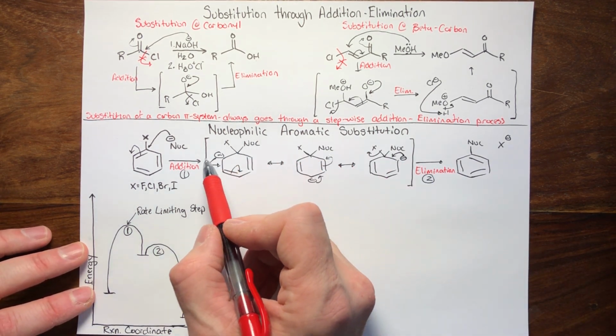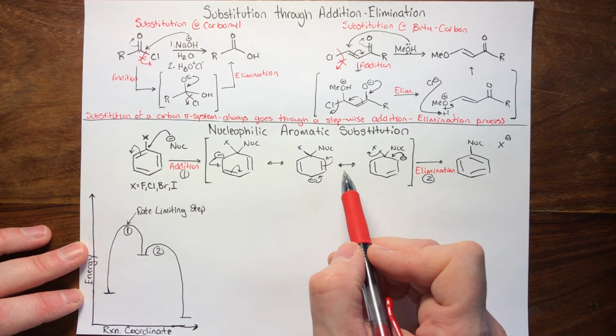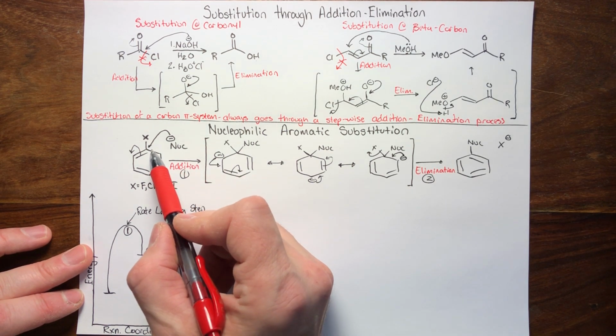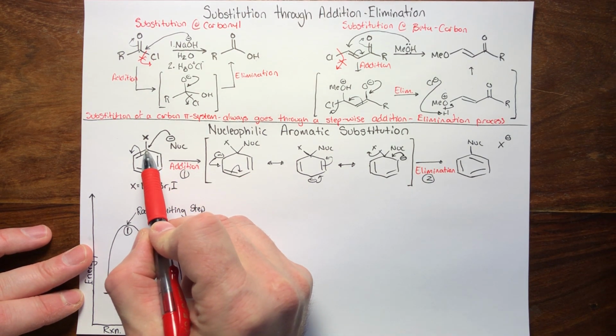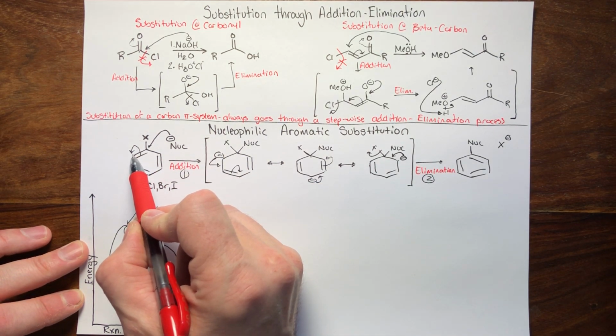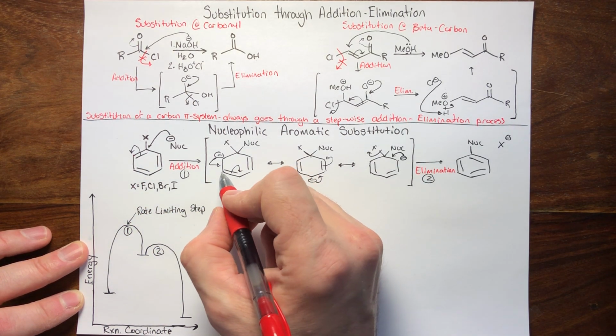So it's important to really pay attention to this anionic intermediate and understand where that electron concentration is on that intermediate. When we add the nucleophile to the position where the leaving group exists, that's going to push the electrons over to the ortho position relative to where the substitution is happening.